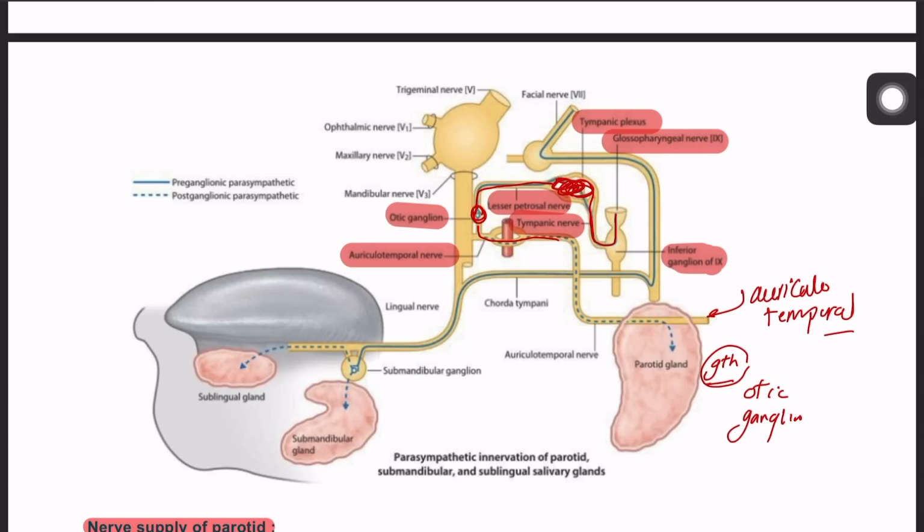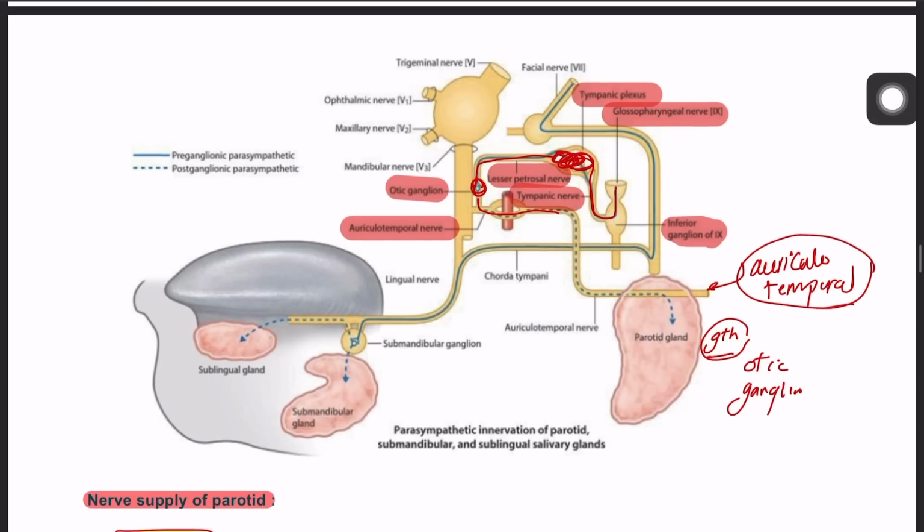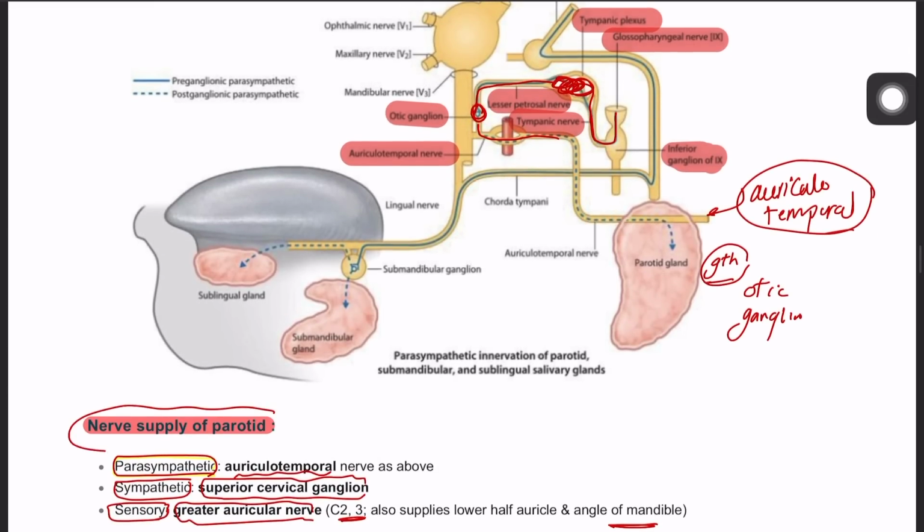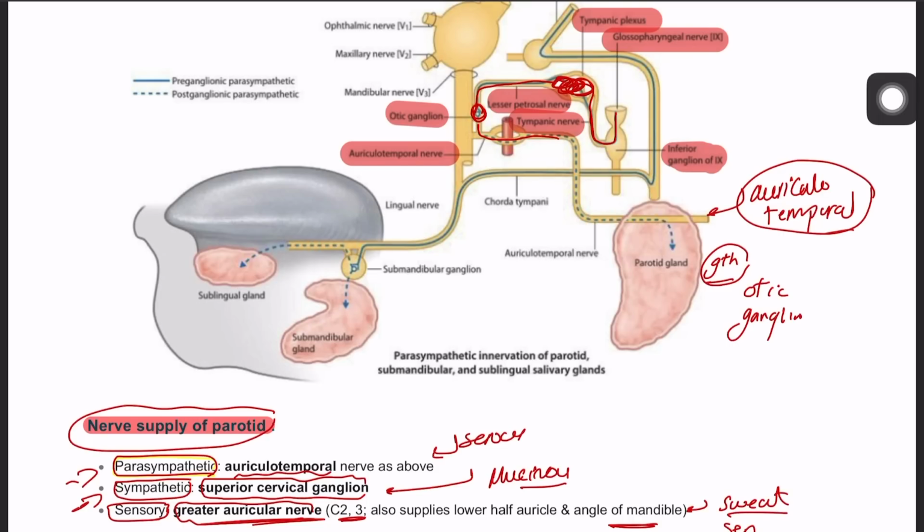Okay, so there is a syndrome. We talked about the nerve supply, and we know sympathetic and parasympathetic, and we know all the types of secretions. So sympathetic is usually mucinous in secretion, and parasympathetic is usually serous in secretion. And the great auricular nerve is responsible for sensation, including the sweat production and sensation over the parotid gland as well.